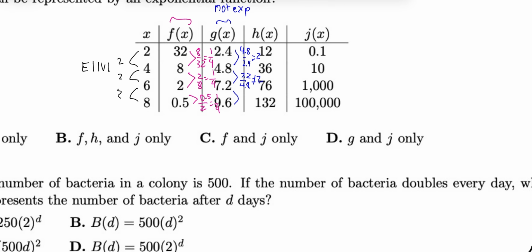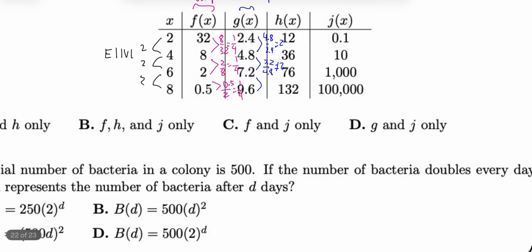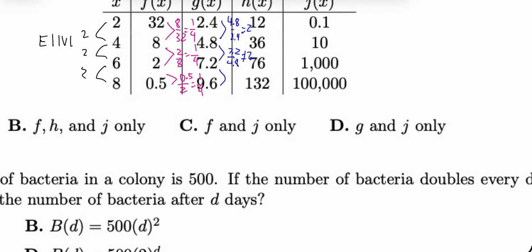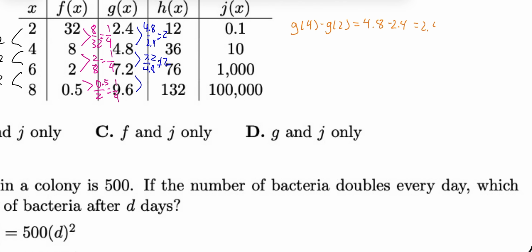This is an exponential function. Now, we can see that for g, we get differences that are equal. So if we do instead a different approach, g of 4 minus g of 2, that's 4.8 minus 2.4, which is 2.4.